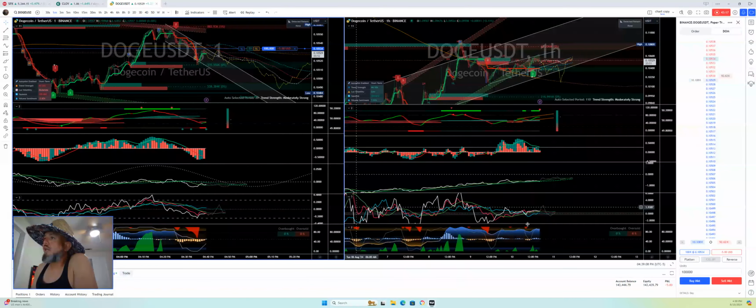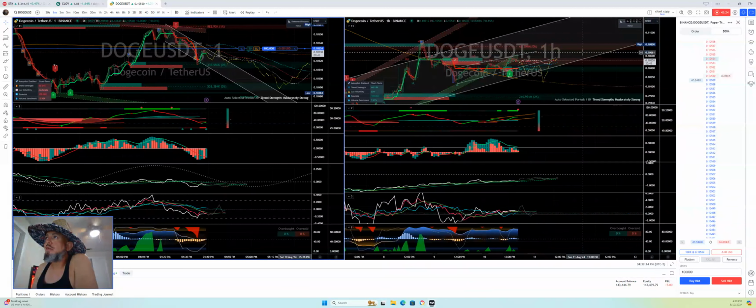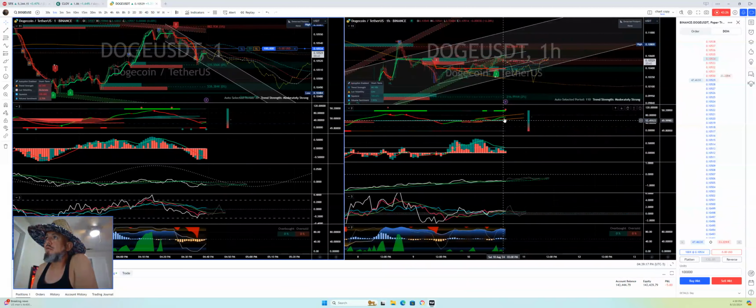They're moving up. Still positive over here. Like I said, still in the positive, positive, positive. Trend is still up. It might be just consolidating for the next move up.